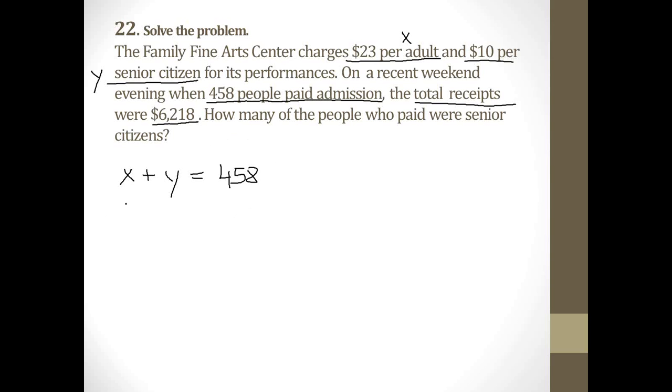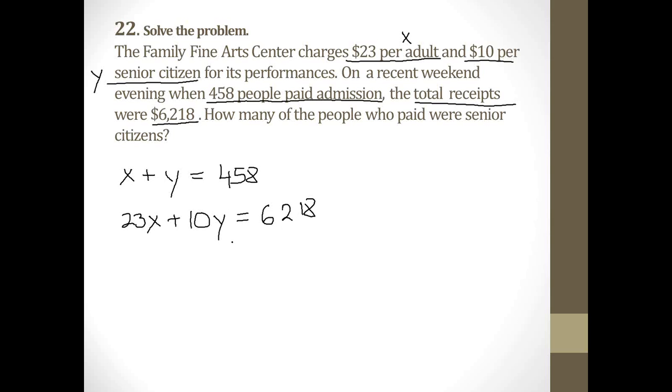That means we take the amount they charge for the adult tickets, which is $23, times the number of adults that paid, plus the amount they charged for senior citizens, which is $10, times the number of senior citizens that came to the performance, and that should equal the total money they received that evening, which is $6,218.